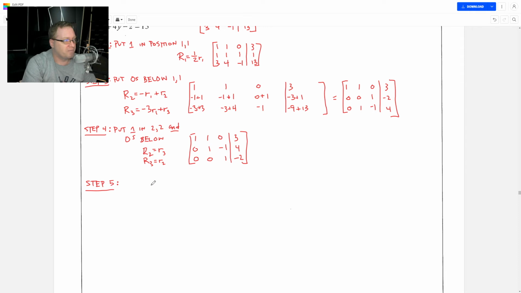Step 5. We need to keep doing step 4 for the rest of the columns. Oh, what is that? Dang it. Oh, no. It takes me so long to write things. Okay. I'll get a pen next week.